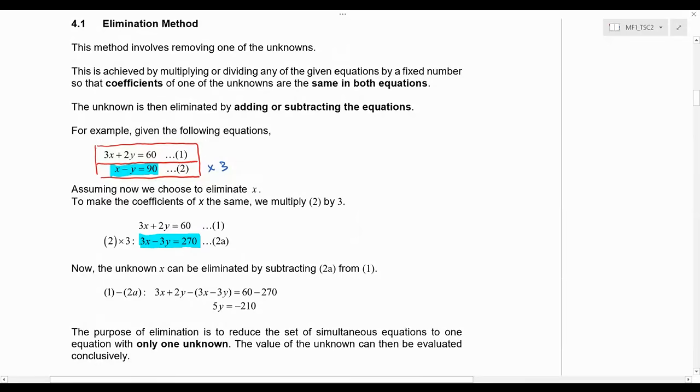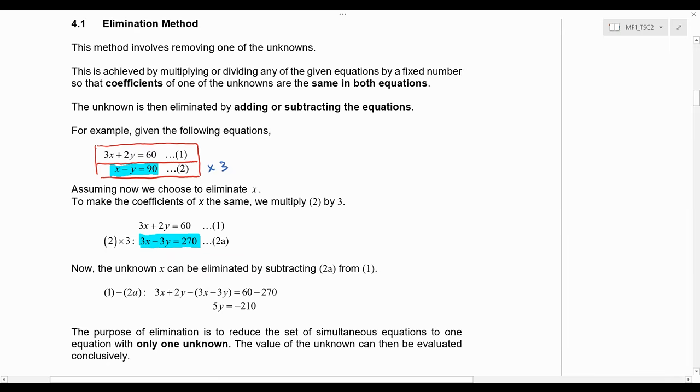You can see that x minus y is equal to 90. If you multiply both sides of the equation by 3, you end up with 3x minus 3y equals 270. We'll call it equation 2a. Equation 2 and equation 2a are the same thing. It's just a different look.